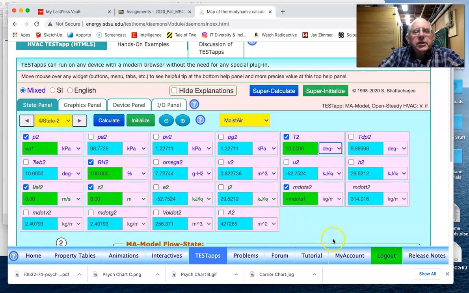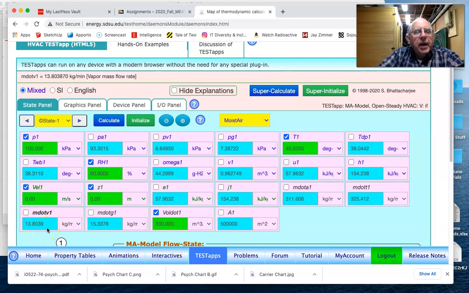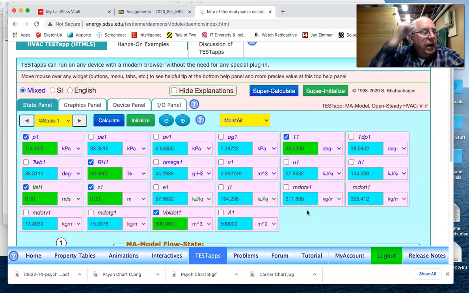At this point, we could very easily have just taken this 13.8, which is the mass flow rate in kilograms per minute of the vapor, and subtracted the 2.40 kilograms per minute to obtain the water removal rate. We already know the mass of the dry air, so we've answered problem 1 and problem 2, or A and B.